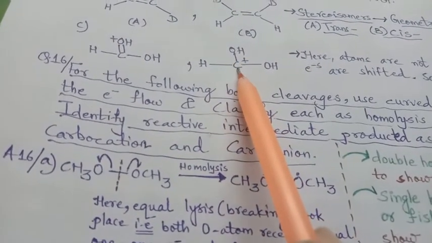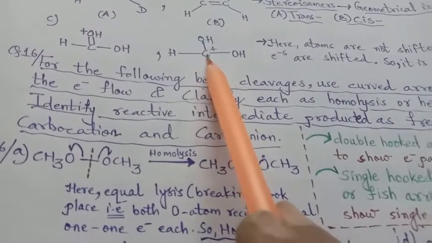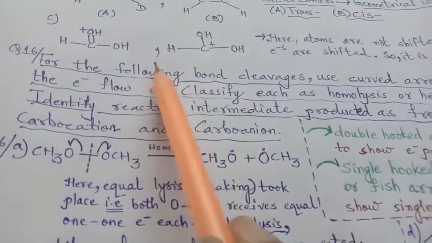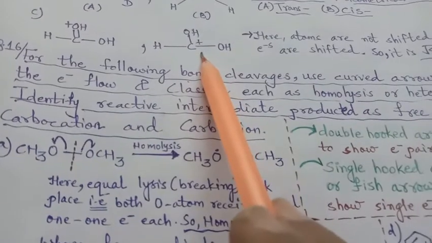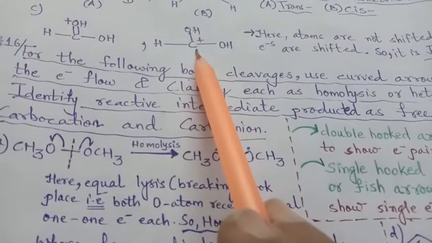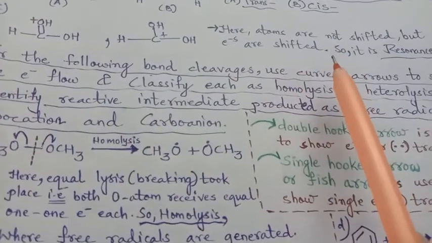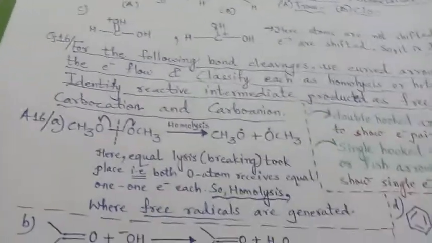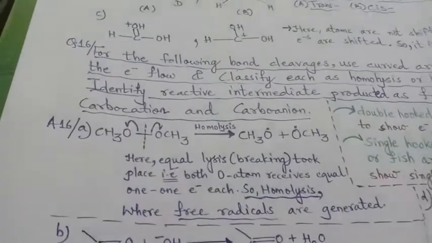But here the carbon is lacking its fourth bond, that is, tetravalence is not satisfied, and it has already donated its electron, so it will acquire a positive charge and carry a carbocation intermediate. That is why it is the shifting of electrons, and those are the resonance structures, because we have learned that in resonance structures shifting of electrons takes place.